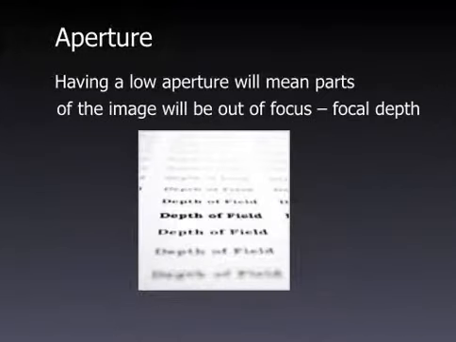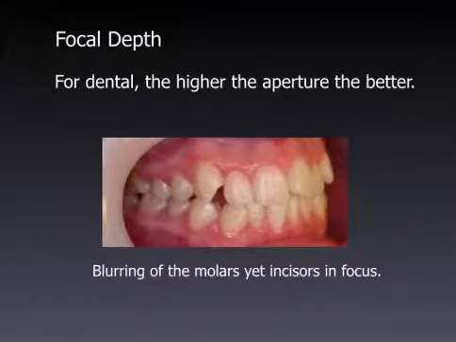Here we can see what's not clear, depth of field. So in the middle of the image it's clear, behind is blurred, in front is blurred. Clinically we can see the incisors are clear, but the molars are blurred. How do we improve it? We improve it by increasing the f-stop number, so f22 like we've mentioned.